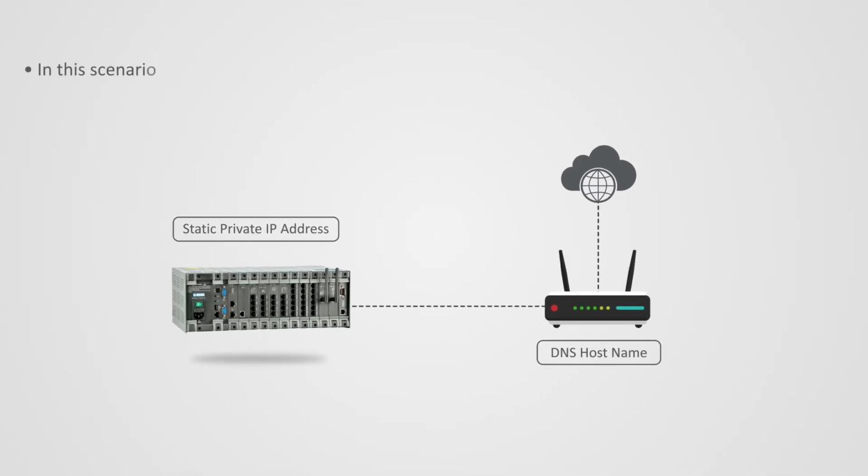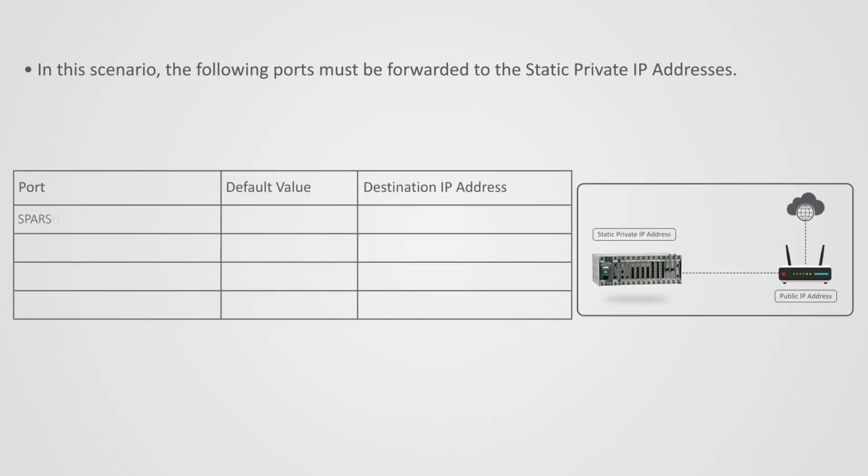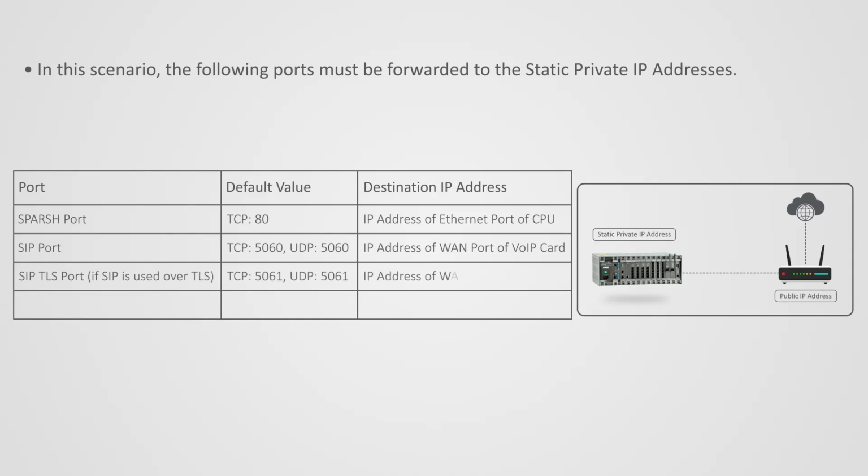Note, in this scenario, the following ports must be forwarded to the static private IP addresses: SPARSH port to IP address of Ethernet port of CPU, SIP port to IP address of WAN port of VoIP card, SIP TLS port if SIP is used over TLS, to IP address of WAN port of VoIP card, SIP RTP port range, to IP address of WAN port of VoIP card.